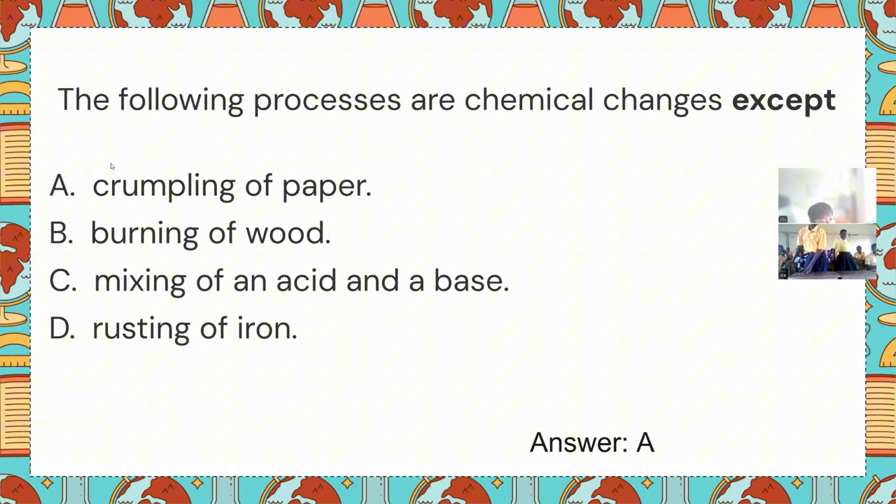The crumpling of paper is a physical change and not a chemical change. All of these are chemical changes, but only crumpling of paper is a physical change. So that's why A is the correct answer.